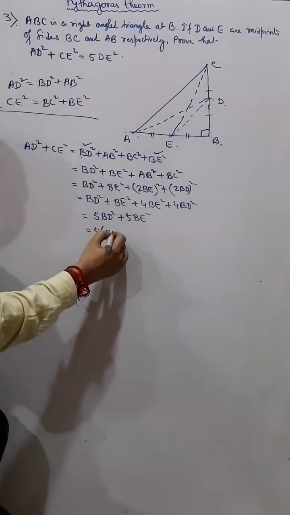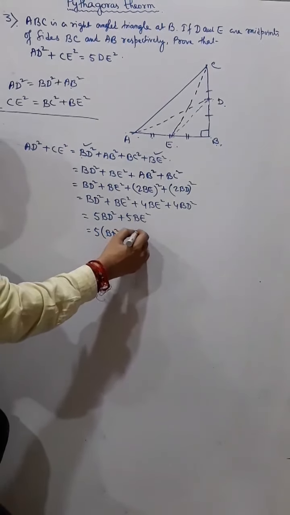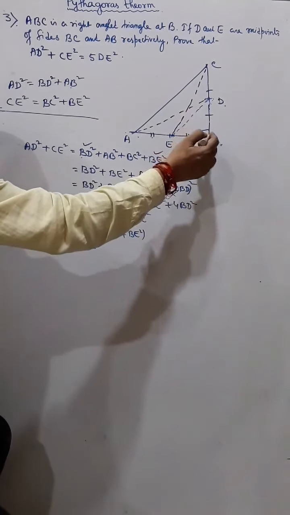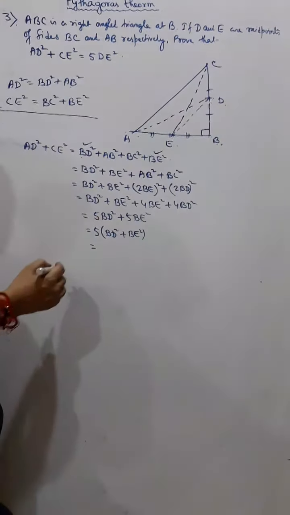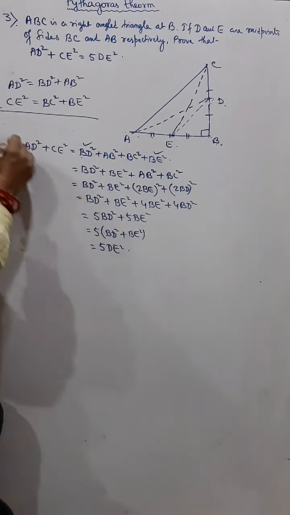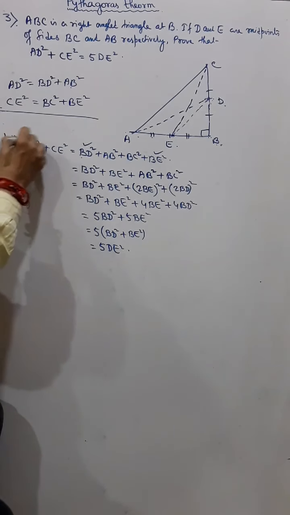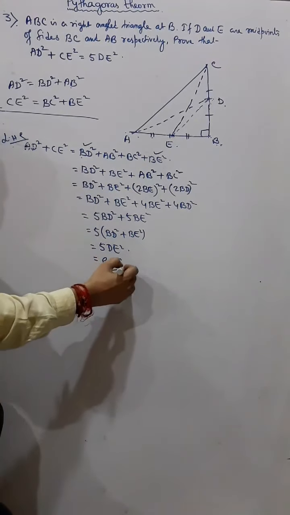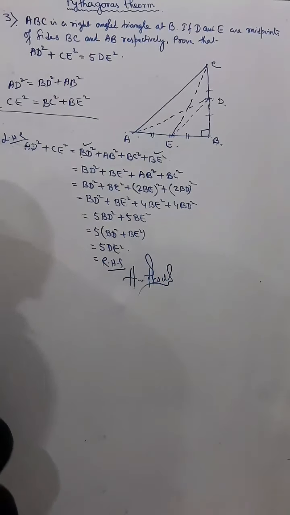Now we can take 5 common, so you get BD square plus BE square, and BD square plus BE square means DE square. So finally it is 5 DE square. So this was our left hand side and this is our right hand side, and hence proved. Understand?